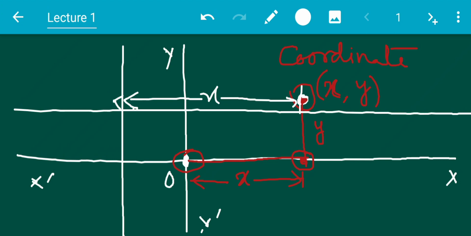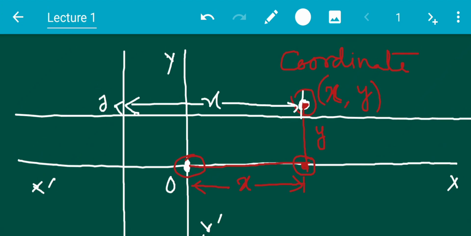So this small part is your y and this portion is your x. If I write it as x dash and y dash, then the same point is represented as x dash and y dash.